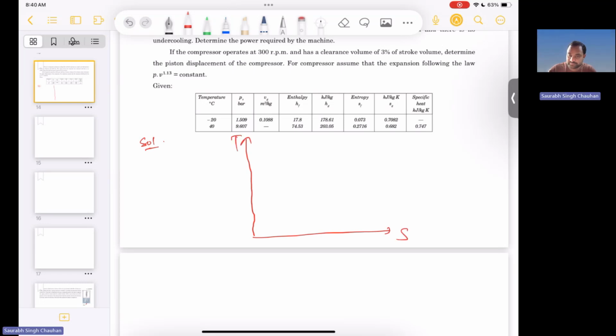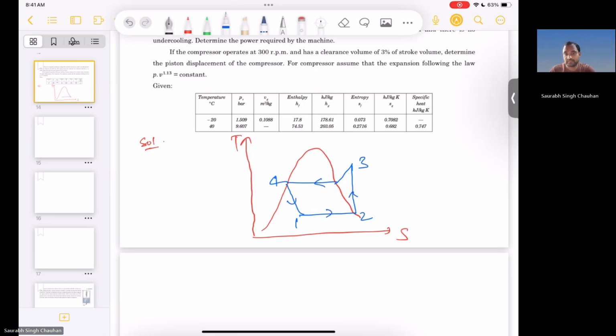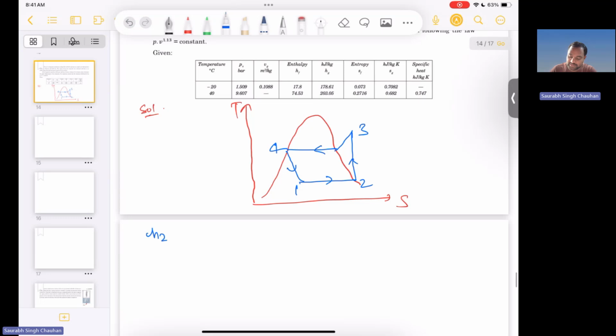The TS diagram. Okay. So 1, 2, 3, 4. So in the table, what is given? H2 is given, 178.61 kilojoule per kg.